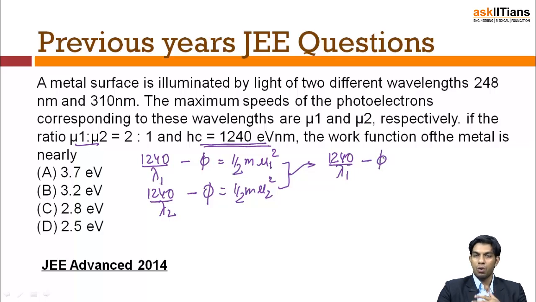Now please note over here that lambda 1 is given as 248 nanometer and lambda 2 is 310 nanometers. As I know, the lower the wavelength, the higher the energy. So mu1 therefore has a higher energy. This is equal to 4 times, as mu1 is to mu2 is given as 2:1, so mu1 square is to mu2 square will come out to be 4.